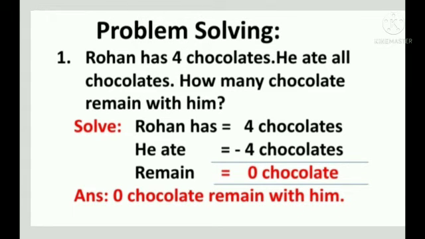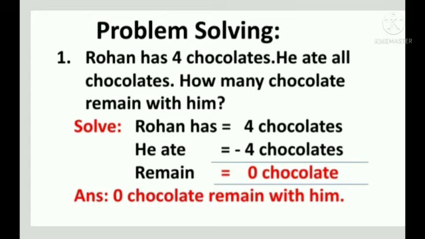Now we will learn problem solving. Rohan has 4 chocolates. He ate all chocolates. How many chocolates remain with him? You have to write the statement: Rohan has equals to 4 chocolates.